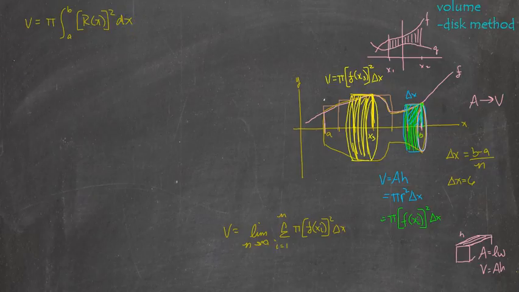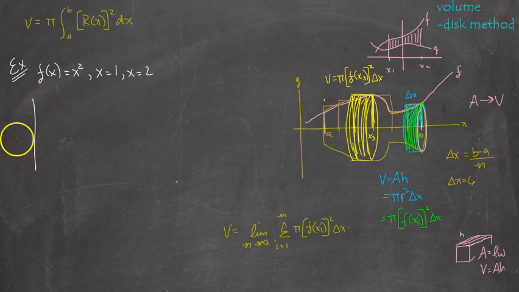So let's use our new formula to calculate an actual volume. The region bounded by the graph of f of x equals x squared, and the x-axis between x equals 1 and x equals 2 is rotated about the x-axis. What is the volume of the resulting solid of revolution?